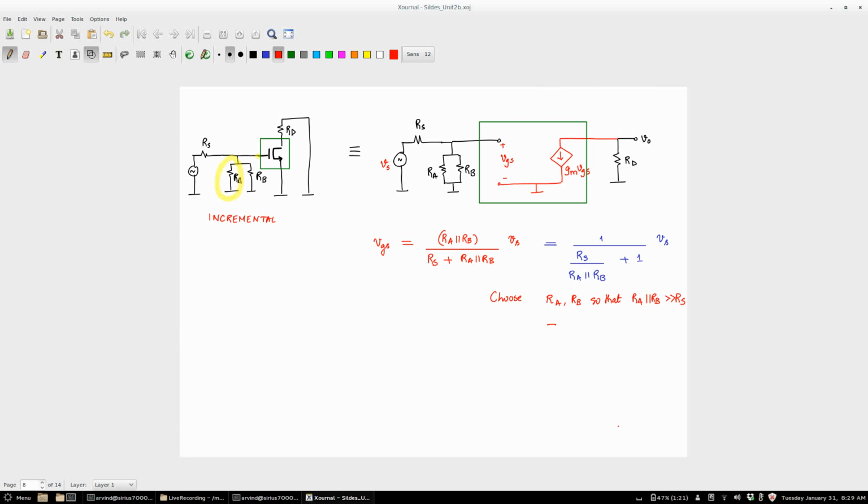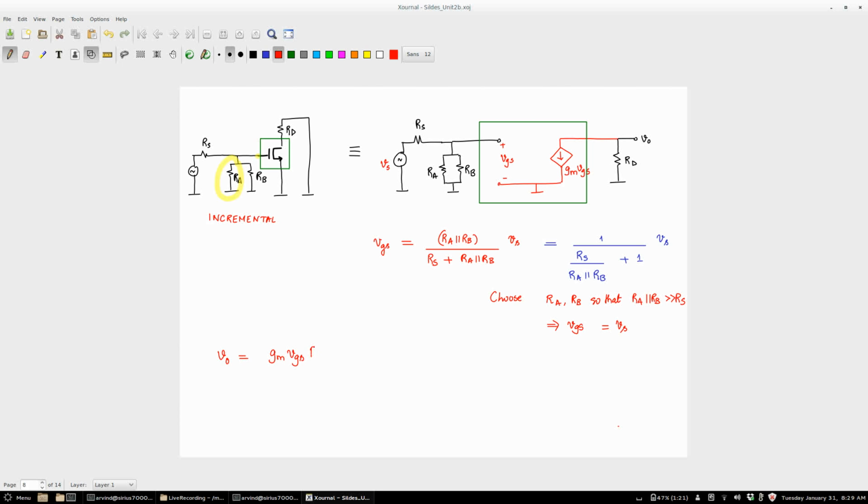You can always do this because you are interested in the ratio of RB divided by RA plus RB, and the absolute values do not trouble you. Correct? That gives you VGS in terms of VS. In this limit of RA parallel RB much greater than RS, what would VGS be? Your VGS is effectively VS, which is a good thing, right?